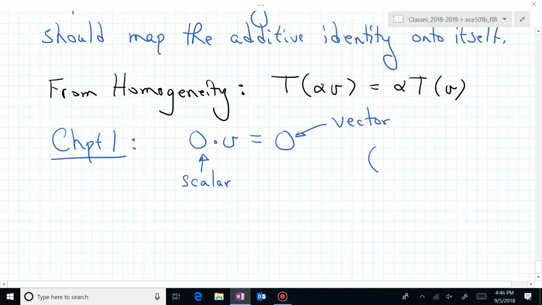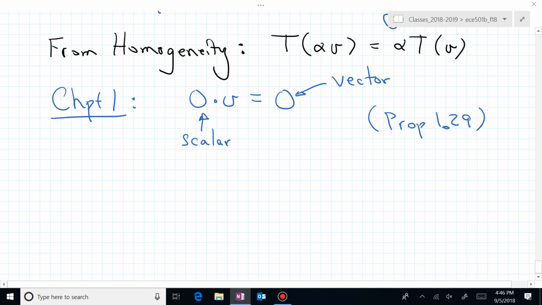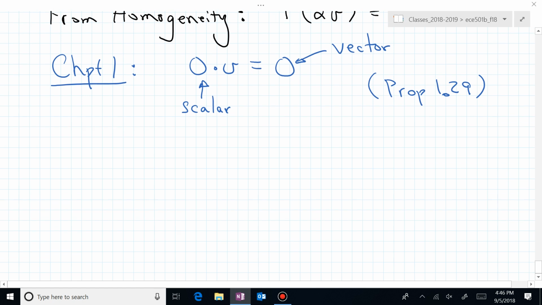And this is proposition 29 in chapter 1. So now we have a scalar, which is the 0 element, times a vector, giving us the 0 vector.